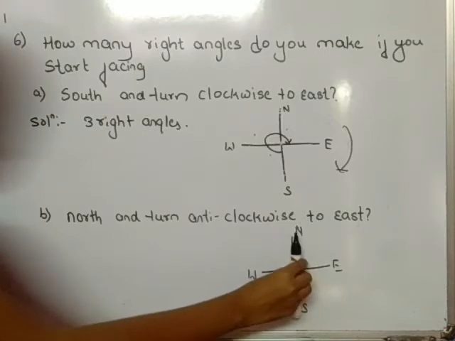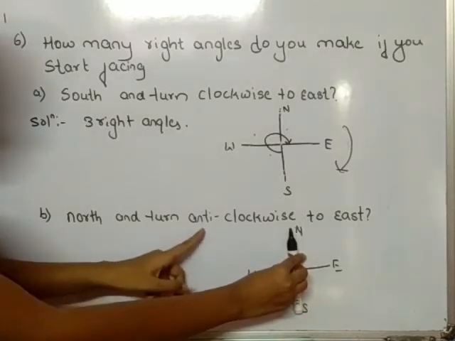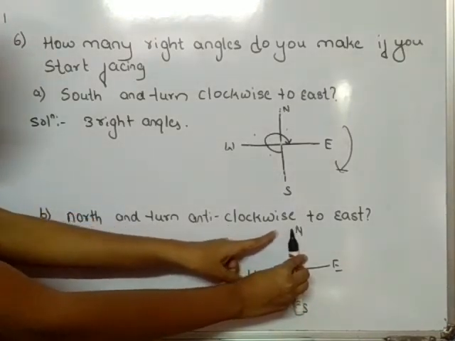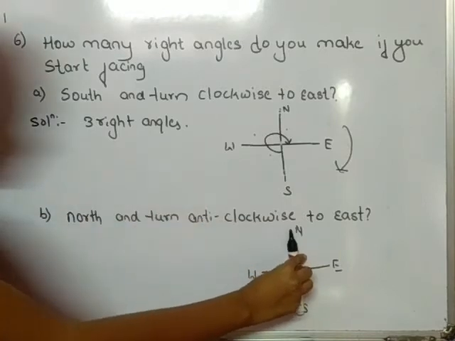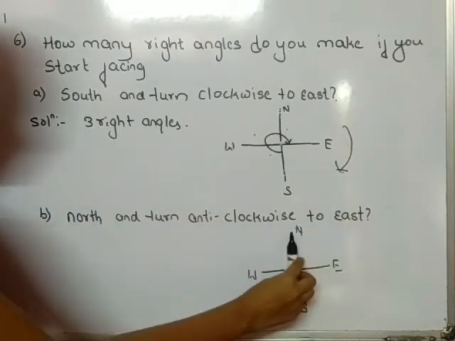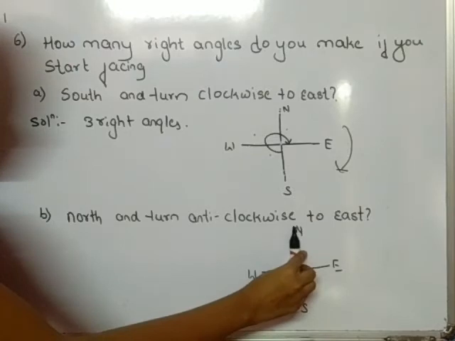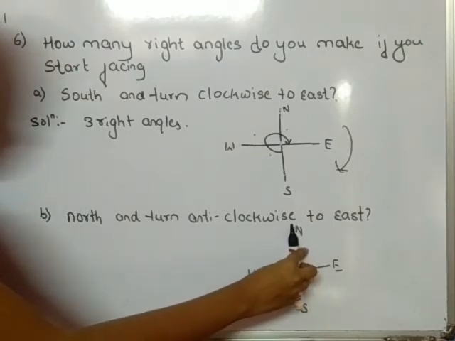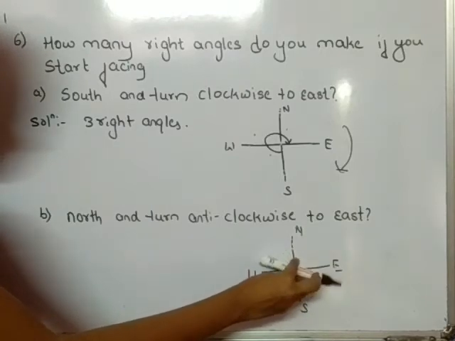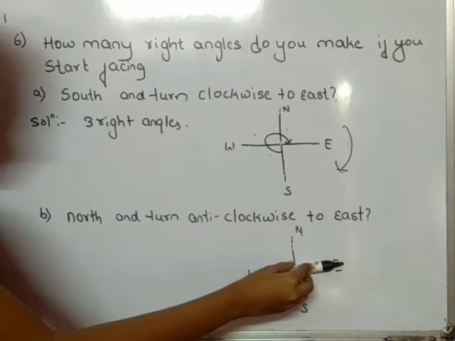First, this point is facing towards the north and turns in an anti-clockwise direction. In anti-clockwise direction it is turning, and now it is facing towards the east. This is the north.